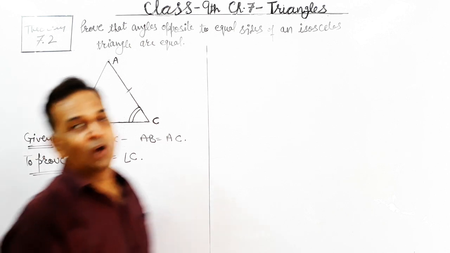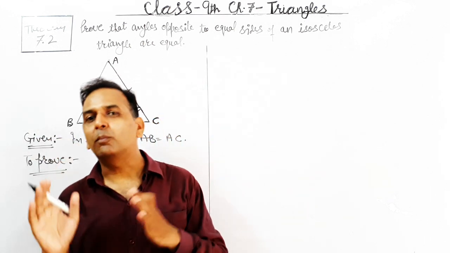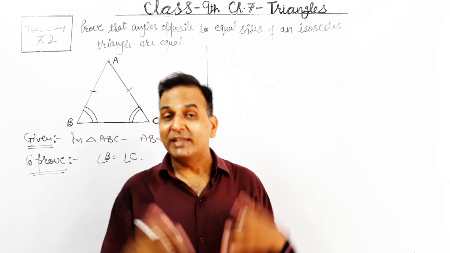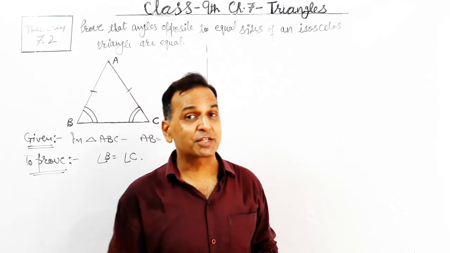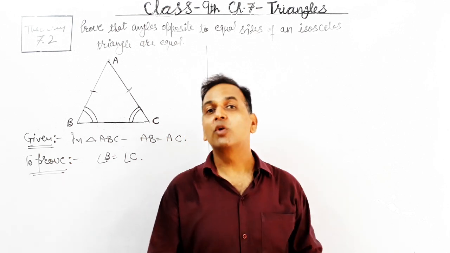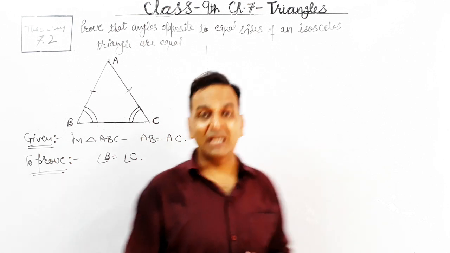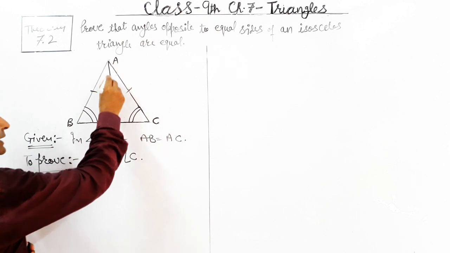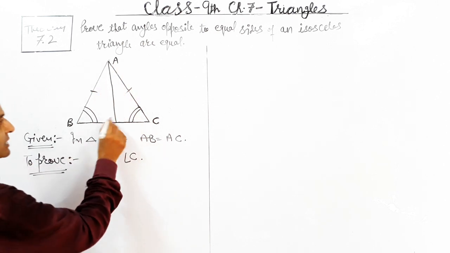And also, for solving this theorem completely, we have to do some construction work. There may be 3 or 4 types of construction work which can be followed, but the construction work which we are going to do right now is to draw the perpendicular from this point A to the opposite side BC.